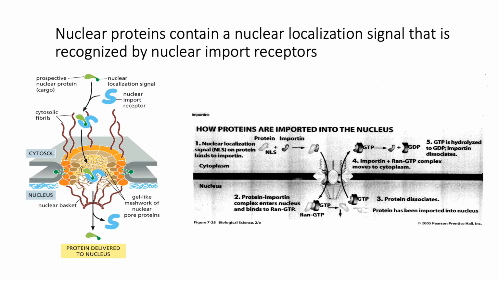That's the energy consumption, and both of them move to the cytoplasm. It says GTP is hydrolyzed, importin is dissociated, and then it's allowed to recycle and bind to another protein with a nuclear localization sequence. So it's a very active process of getting these things into the nucleus.